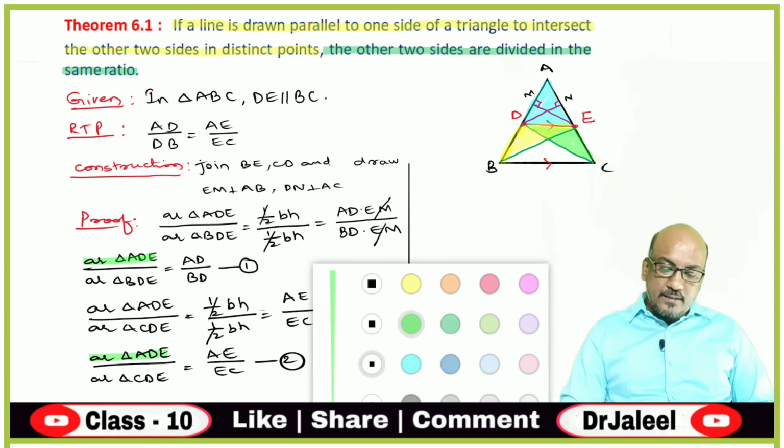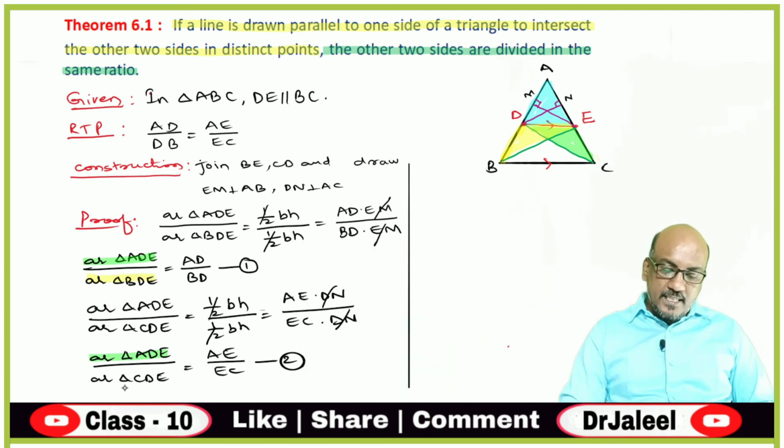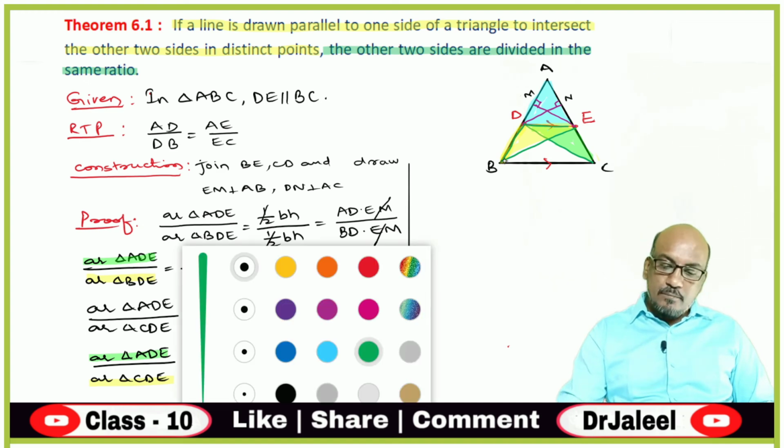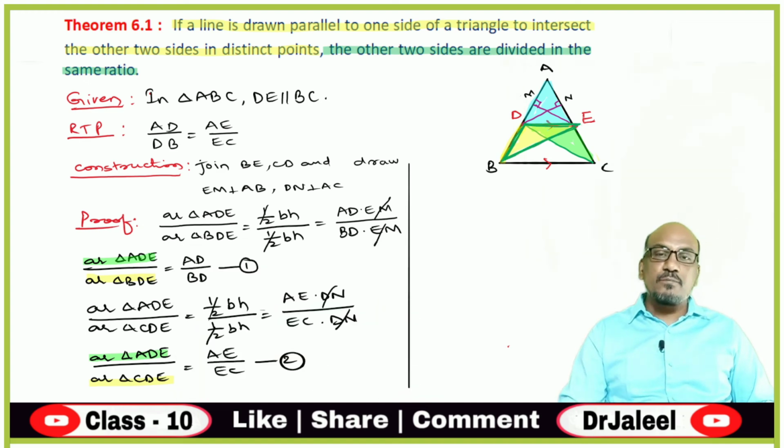What about the denominator then? Denominator BDE, CDE. Let us look at these denominators. BD is this triangle and CD is this triangle. Both the triangles are on the same base and between the same parallels. That means this BDE area must be equal to CDE.